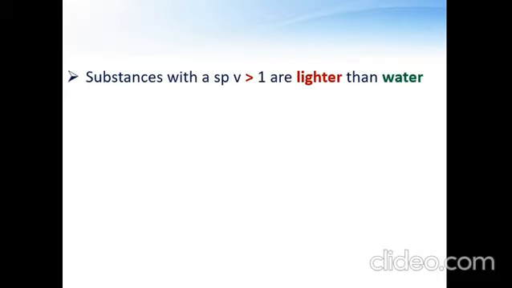Let's summarize some important messages. Substances with a specific volume more than 1 are lighter than water. It's different from the specific gravity.